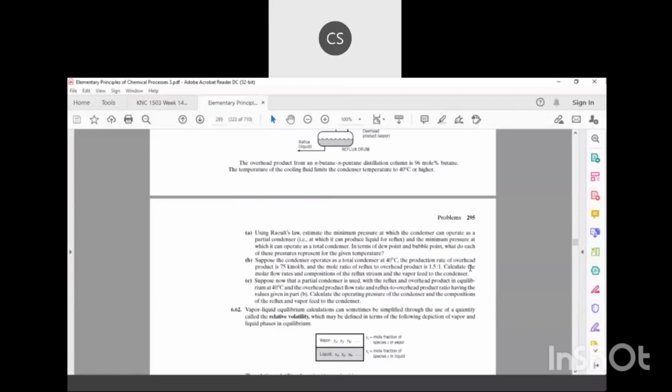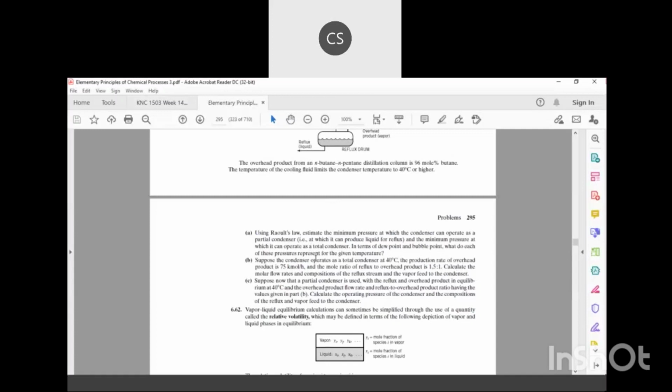Then it asks you to calculate the molar flow rates and compositions of the reflux stream and the vapor feed to the condenser. So what don't you understand here? How to do it? I don't know how to do it. I don't know which equation to use for this question. Same.